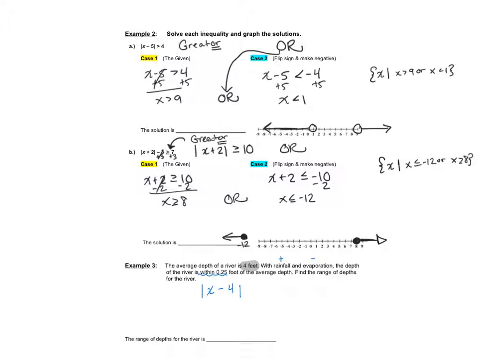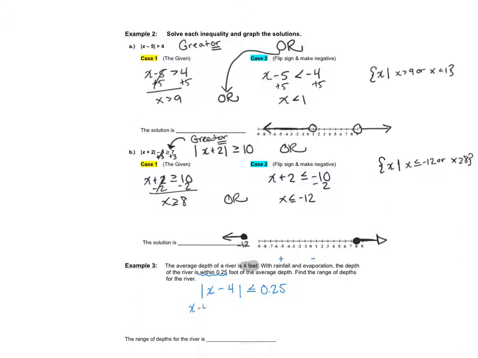That would be an intersection. If you picture it on a graph, it's going to be in between those amounts. So that would be less than or equal to 0.25. And we can find the range of depths by solving this now.